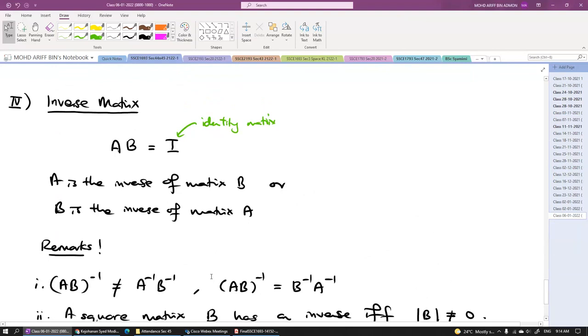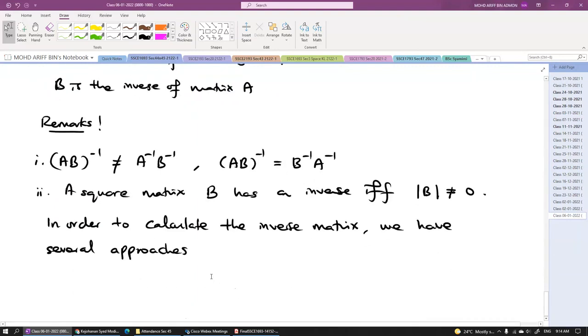Not the same approaches, but we have several approaches for calculating the inverse. The first one is the calculator, of course.